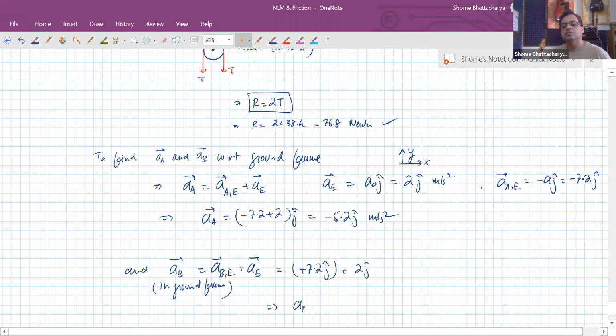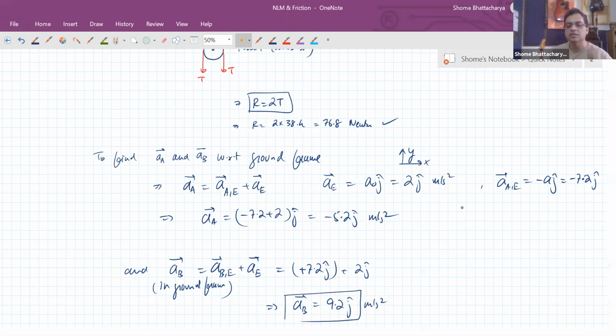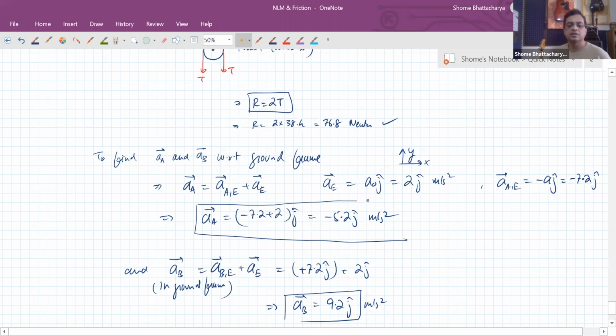So acceleration of B in the ground frame becomes 9.2 j cap meters per second square. So in the ground frame, it looks like B is going up at 9.2 and A is coming down at 5.2. Okay, but in the elevator's frame, they have the same magnitude of upward and downward acceleration.